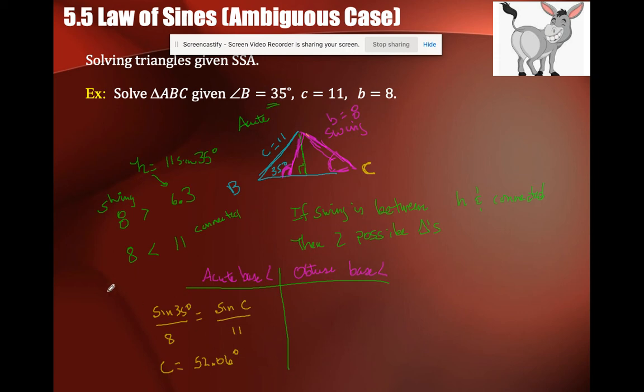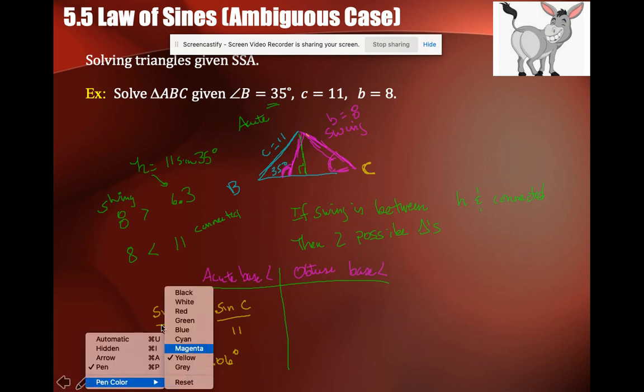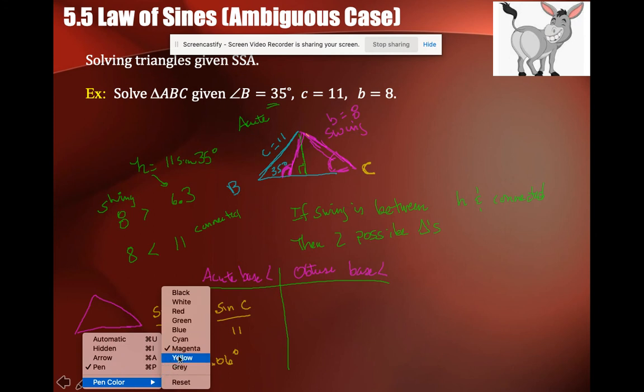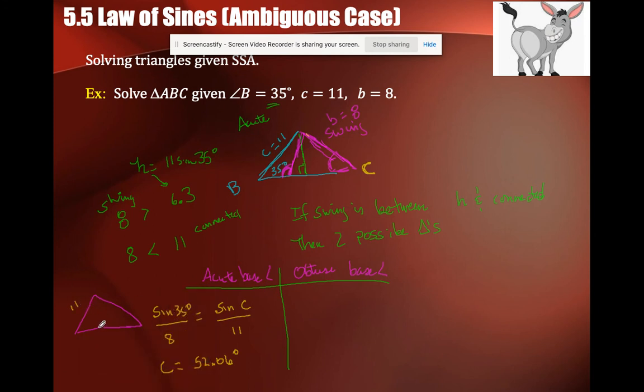So for the first triangle that is possible, I have 11, 35, 8, and 52.06.